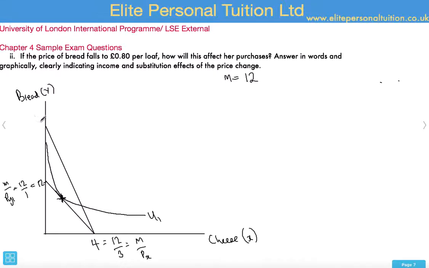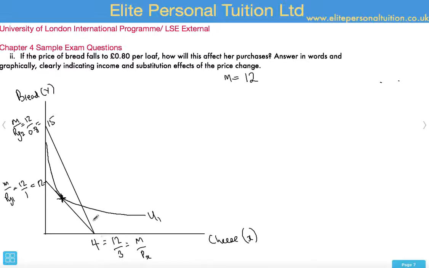So now, to get this point here, we always do M over the price of good Y. So essentially this is 12 over 0.8, which is now 15. So before it was 12, now it's 15, so that's why this bit is higher. This bit stays exactly the same because the price of good X has not changed. So the maximum amount of cheese we can get is still 4.